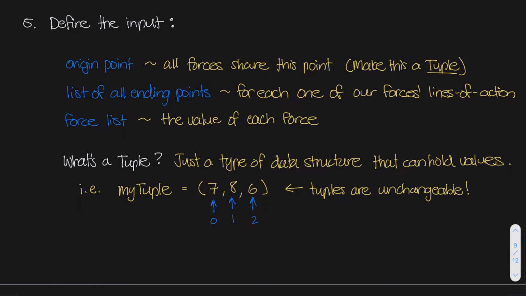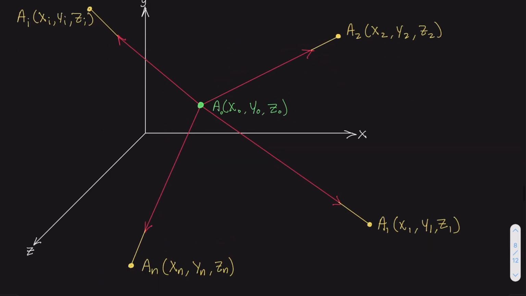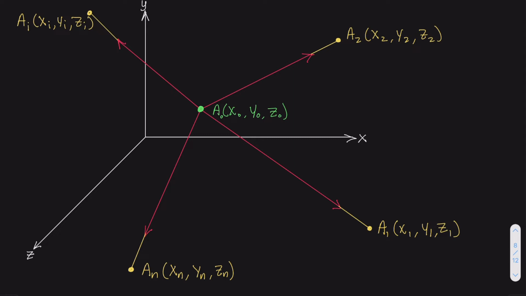Now, the next thing we need to have is a list of all the ending points. If you look back at this diagram, they are going to be the ending points on each line of action. Here we have A1, here we have A2, here we have Ai, all the way up to AN. We are going to need a list of these points because each point is going to represent a line of action for a particular force.